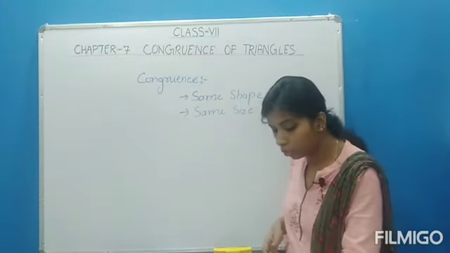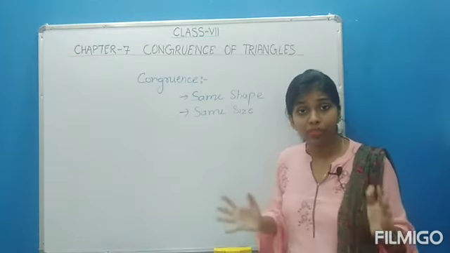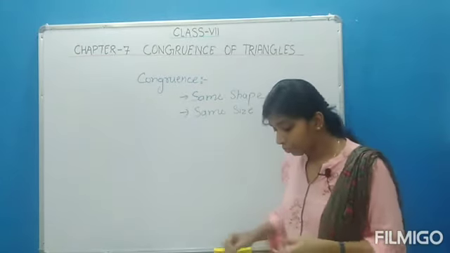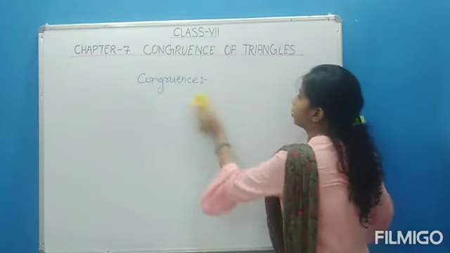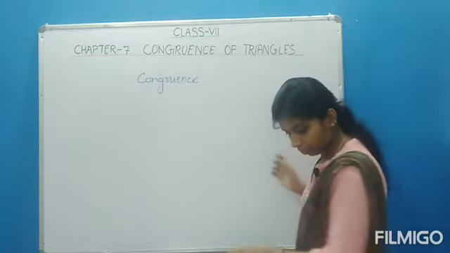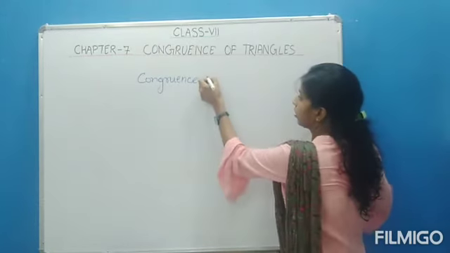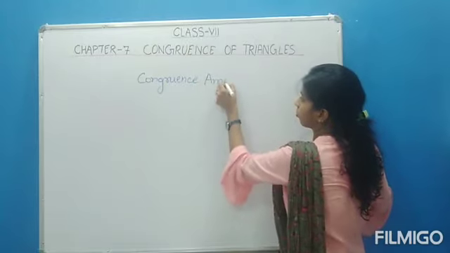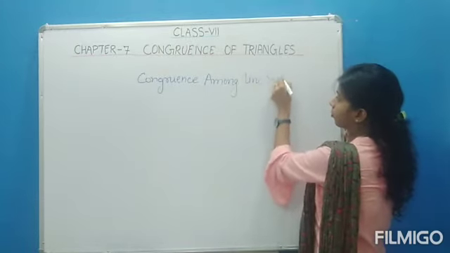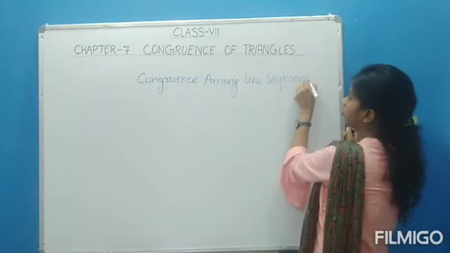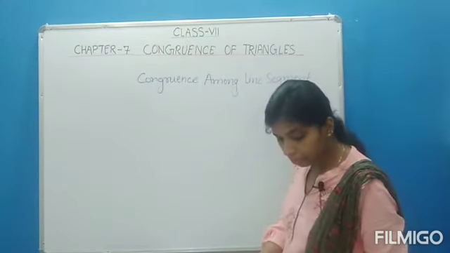When do we call two lines congruent to each other? Now tell me, when do we call two line segments congruent to each other? Suppose I'm taking two line segments.